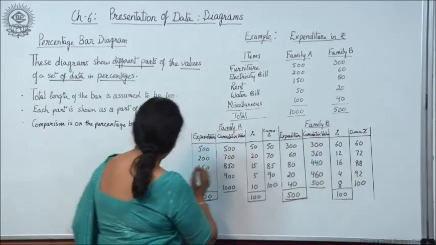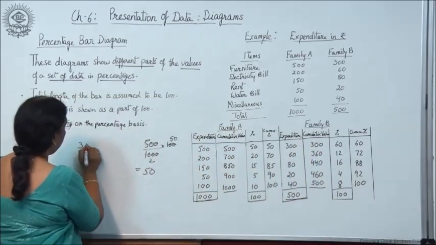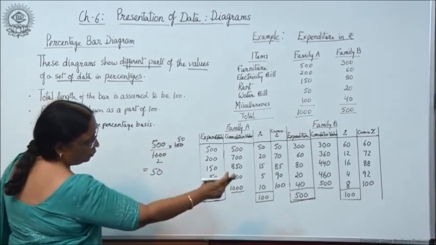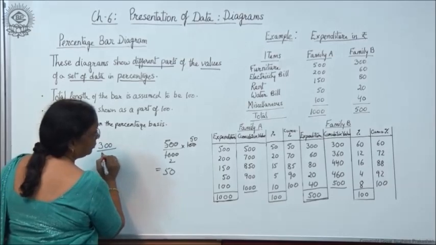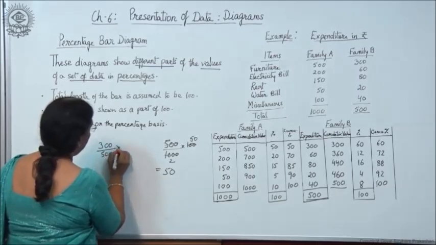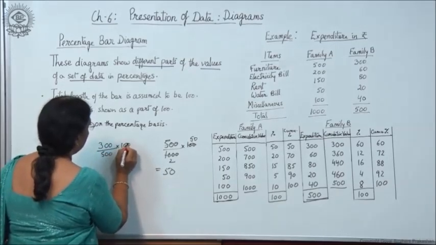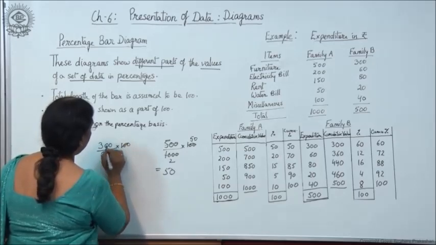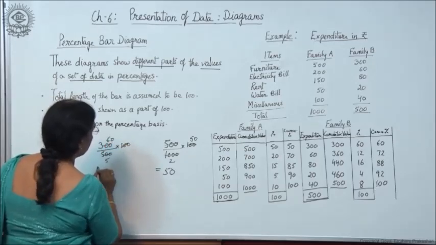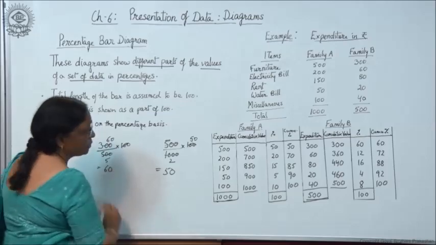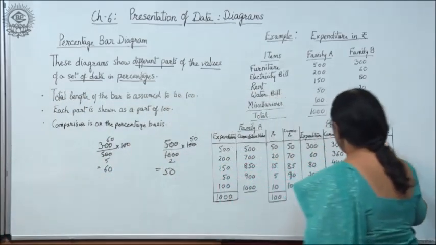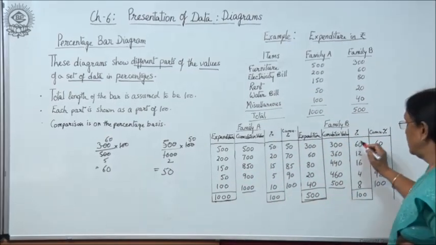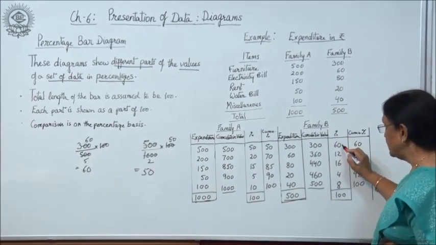Here it is 300. Total is how much? Total is 500 into 100. This becomes 60. So first percentage is 60, right? So this way we have got percentage expenditure of family B.